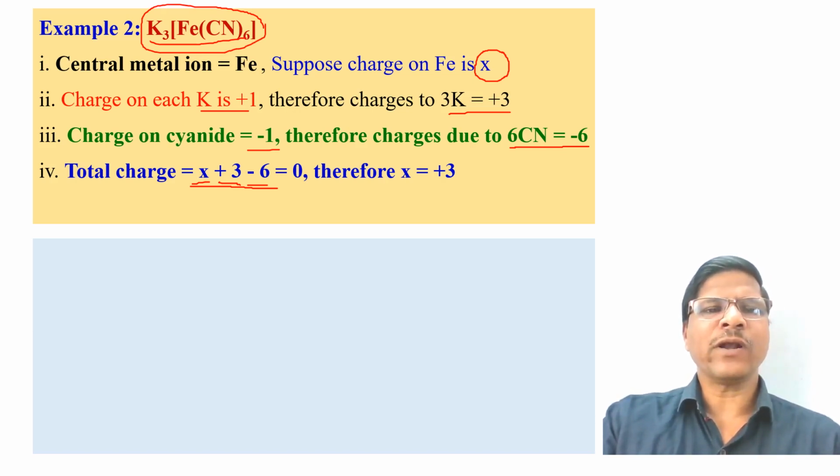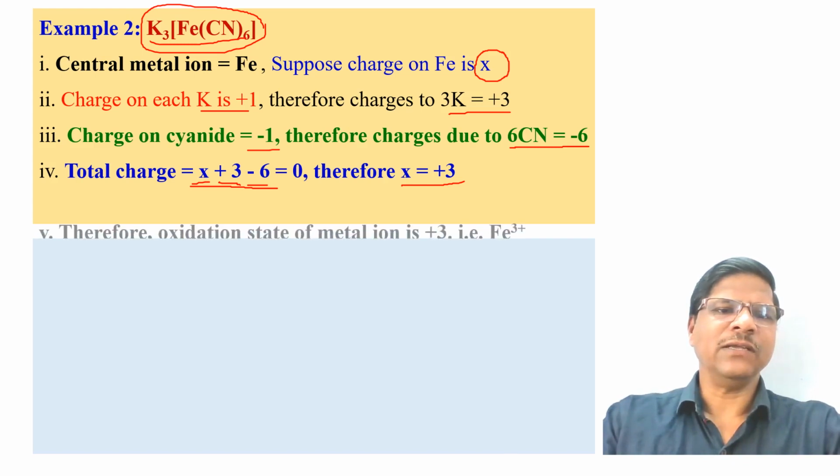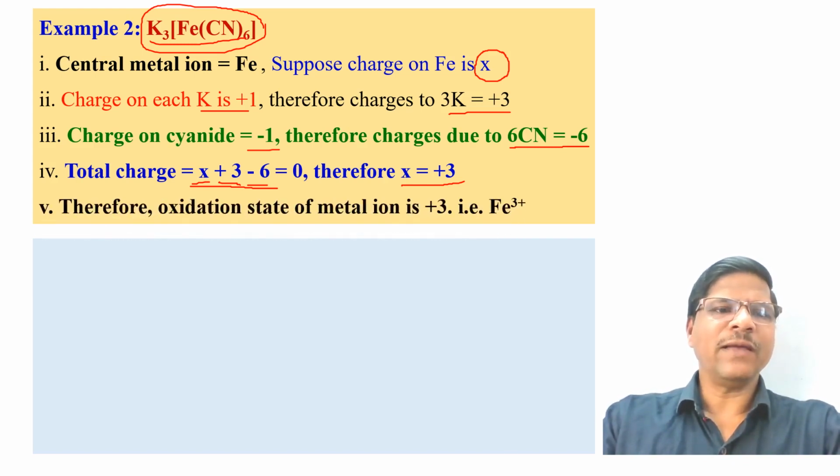Thus X + 3 - 6 = 0, and X becomes +3. So in K3[Fe(CN)6], the oxidation state of iron is +3.